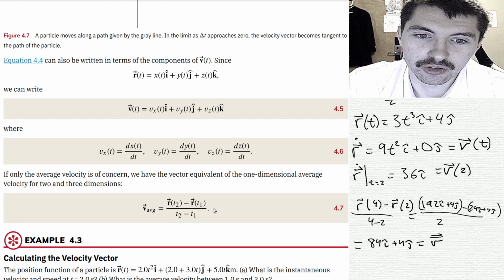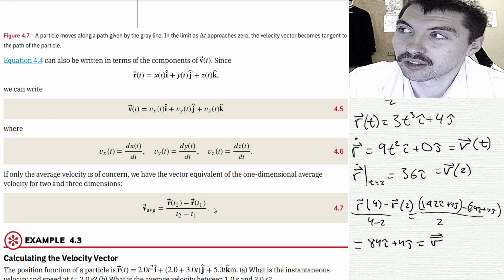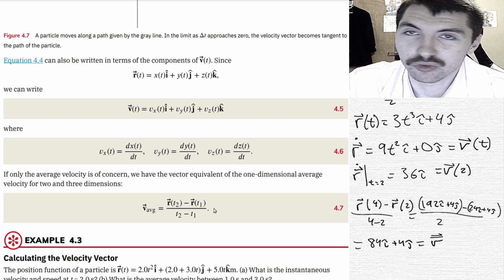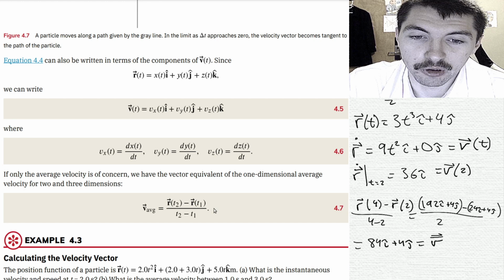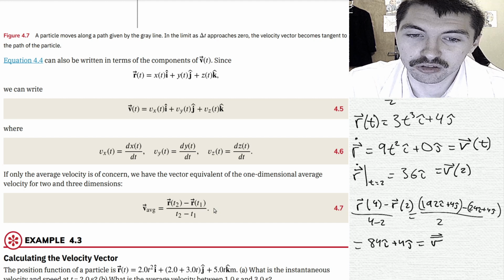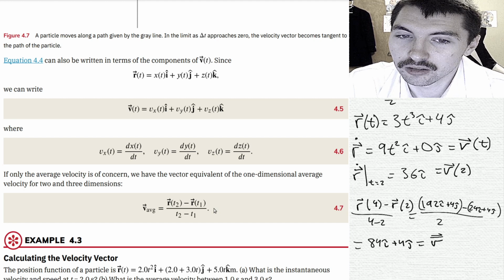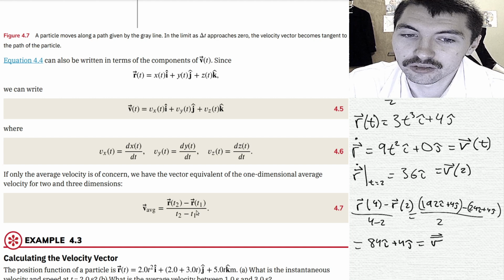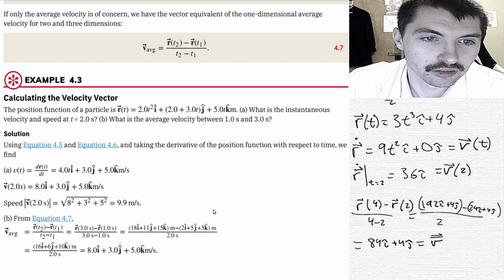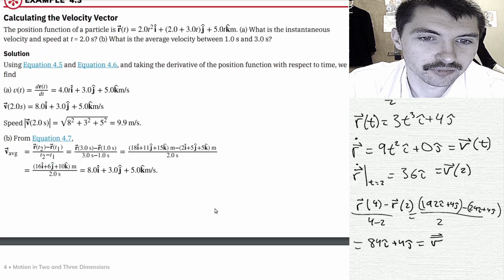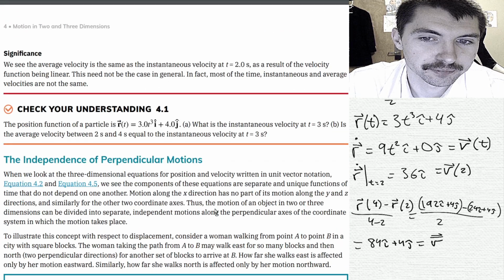Like if you're measuring at Planck's time, I think you can't slice time into anything smaller than the Planck time. So that's where you would use V average, if necessary.